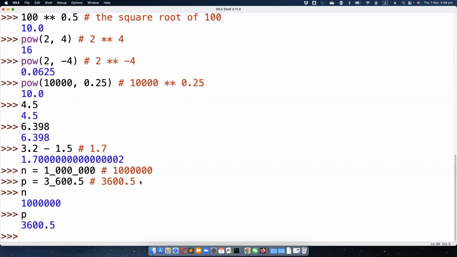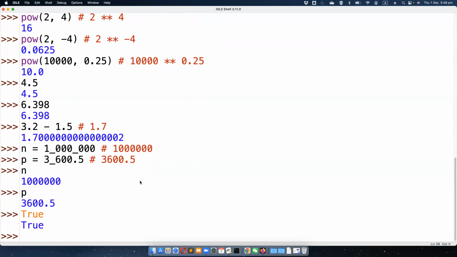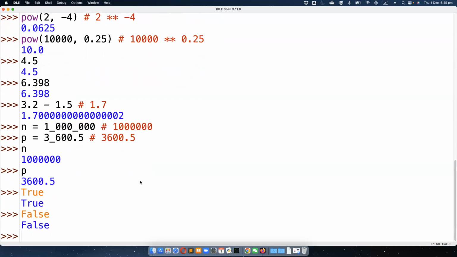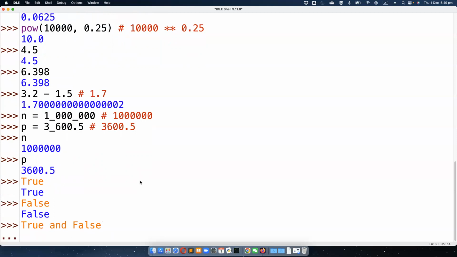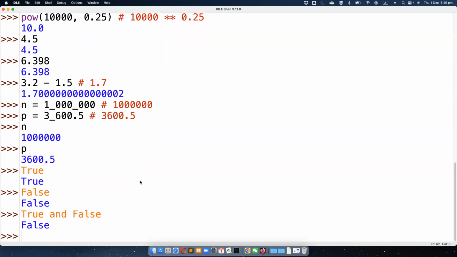This is the Boolean type. In Python, the two keywords, True and False, are used to represent truth values. You can use the so-called logical operators to produce truth values. For example, True and False will produce False.